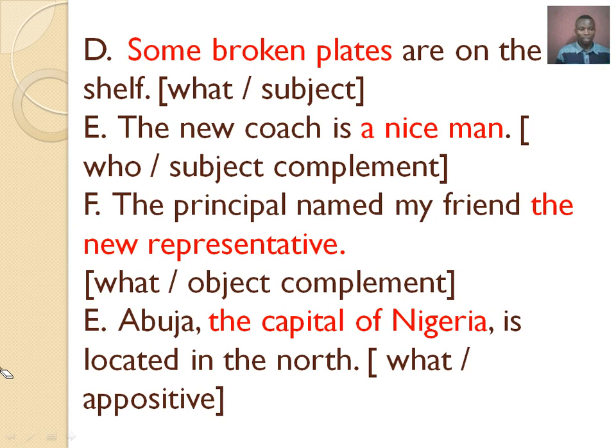The last one there says, Abuja, the capital of Nigeria, is located in the north. What is located in the north? And the answer is Abuja, the capital of Nigeria. And the part written in red is a noun phrase that functions in apposition to a noun. That is to say, it gives more information to the noun that has been mentioned, which is Abuja.